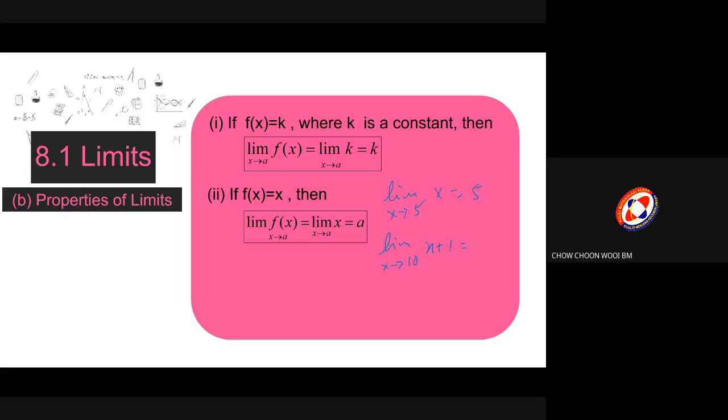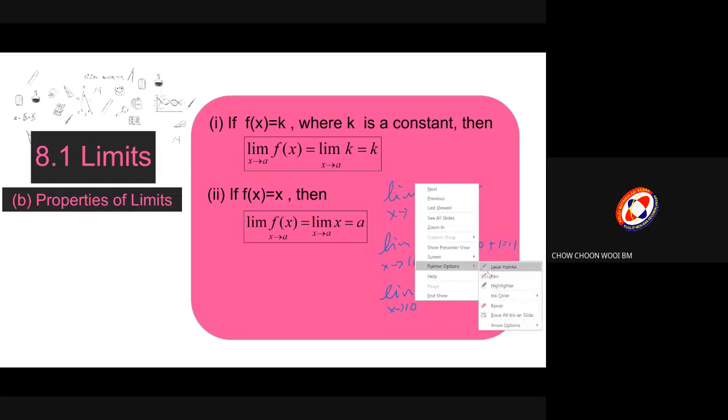Nilai x gantikan dengan 10. 10 tambah 1 dapatlah 11. Kalau limit as x tends to 10 bagi 5, tak ada x. Tulis 5. Okay, nampak? Yang tu the first property and the second property.